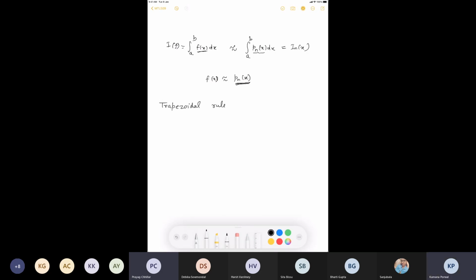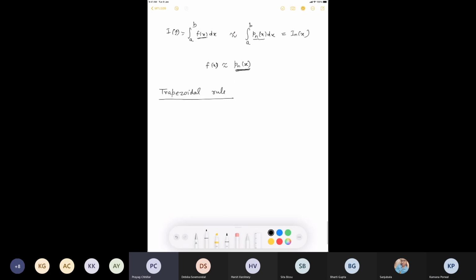Trapezoidal integration rule or integration formula, whatsoever you call it. This rule is based on approximating f(x) by a linear interpolating polynomial.